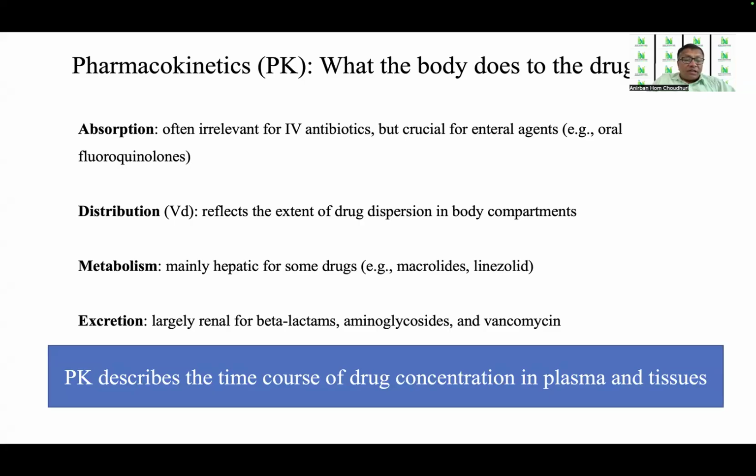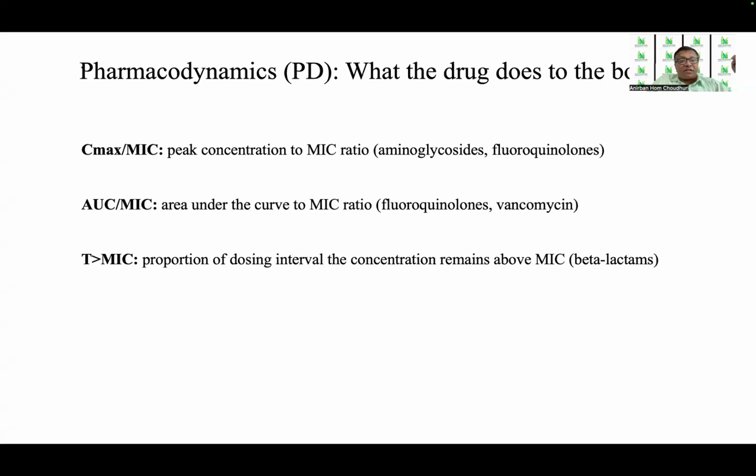So pharmacokinetics describes the time course of the drug concentration in the plasma and the tissues, and that defines its action. The pharmacodynamics is what the drug does to the body. So in this particular case, it will be what the drug does to the organism. Since it is an antibiotic, it is expected to have some action on the microbes.